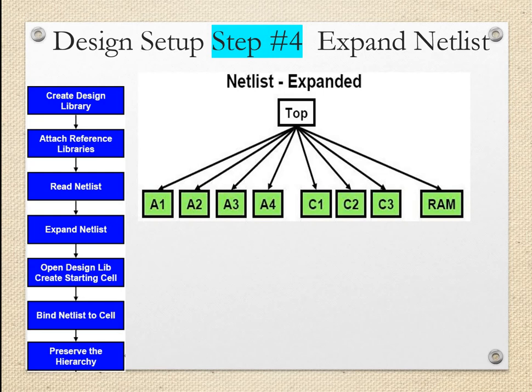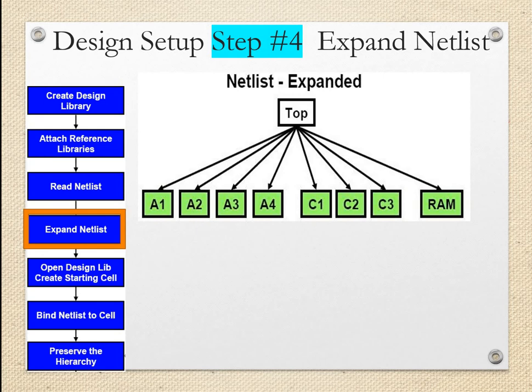I'll go for the next step, that is step number 4, expand the netlist. The design is generally in hierarchical form, and in the netlist, this is the expanded format, in which we can see in the top level design module which are the different sub parts or sub blocks, those are also mentioned.